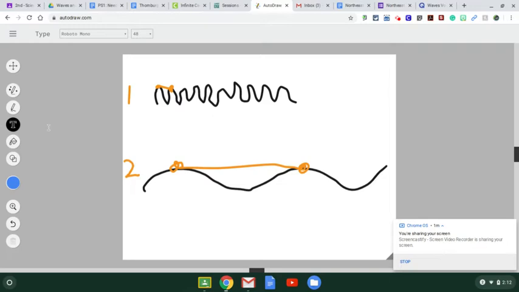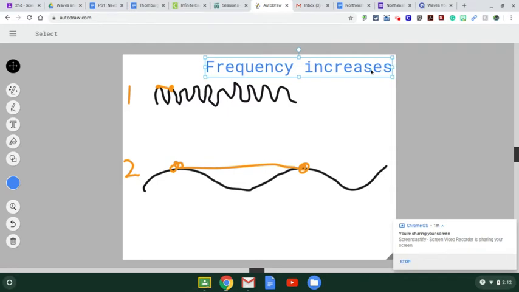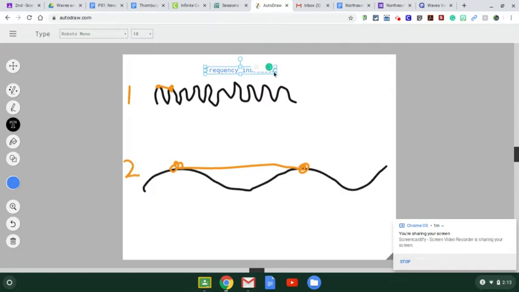So in this case, as frequency increases, wavelength decreases, and as wavelength decreases, the pitch increases. So you could see those relationships right there.